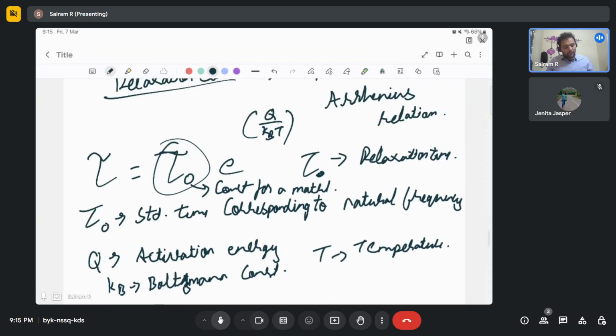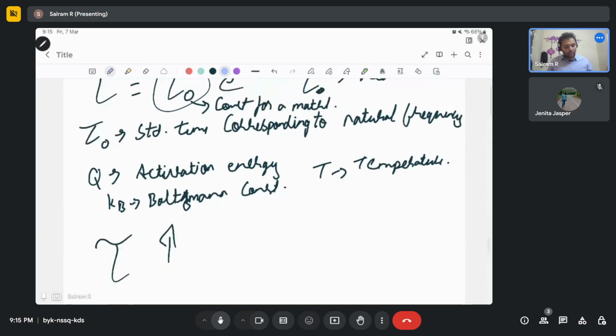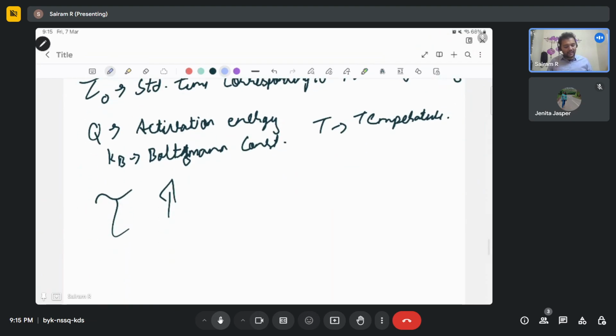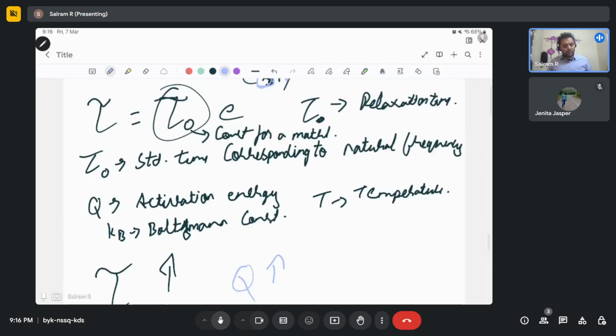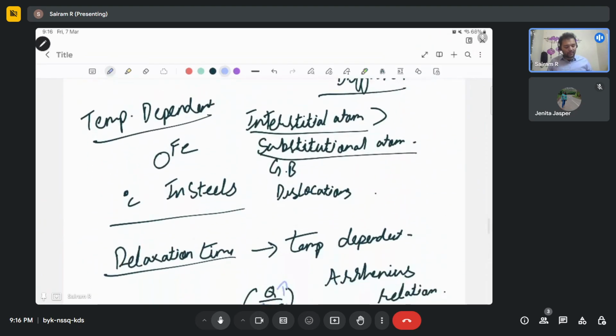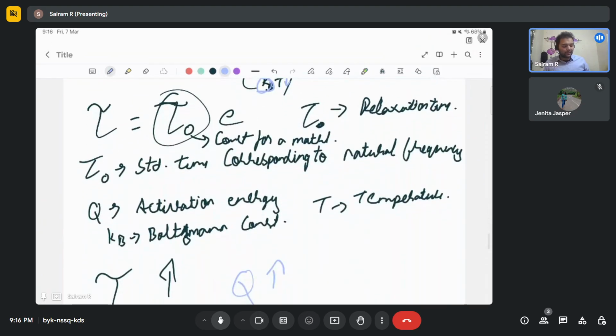We can do that either by increasing Q or by decreasing T, because kB is again constant. So tau will increase with increasing activation energy Q, or tau will increase by decreasing temperature. These are two factors which are very important to understand the relaxation time.